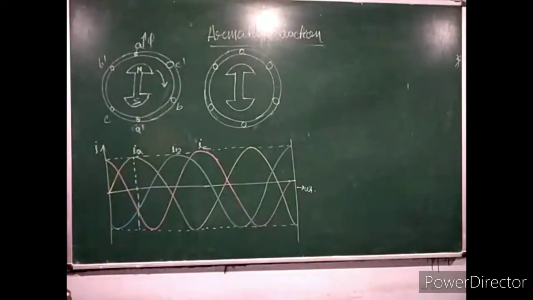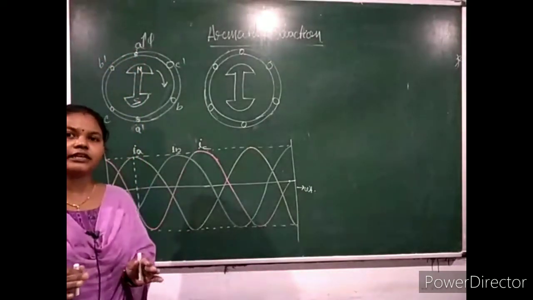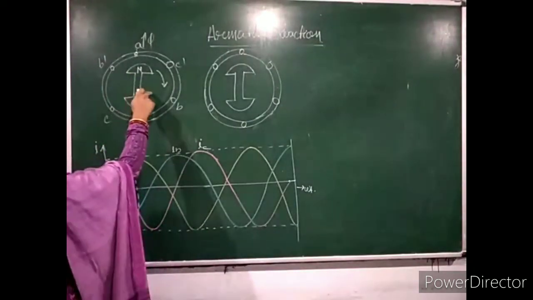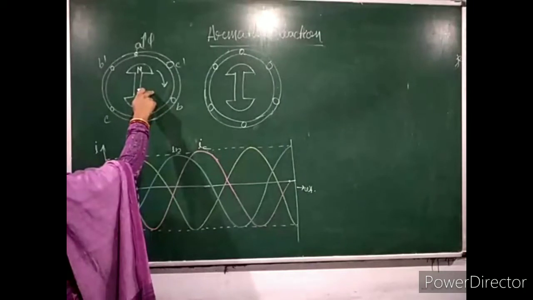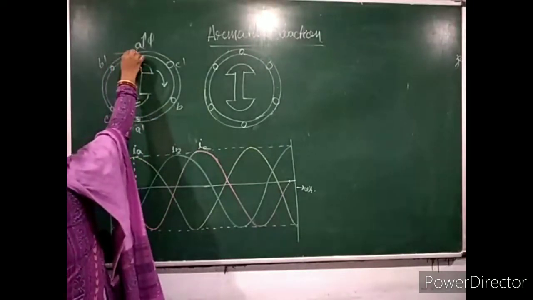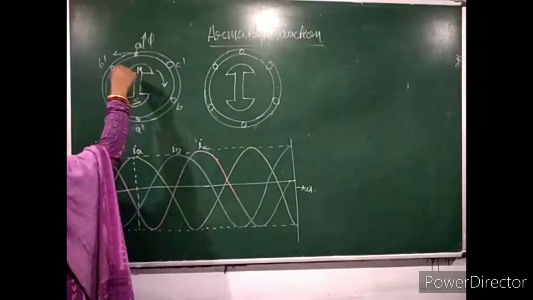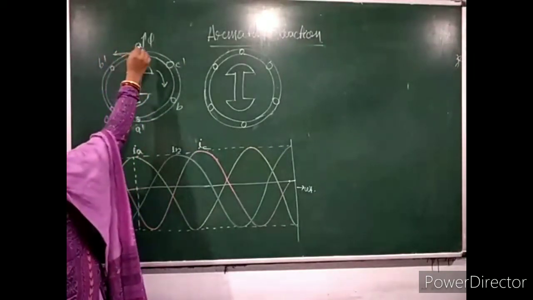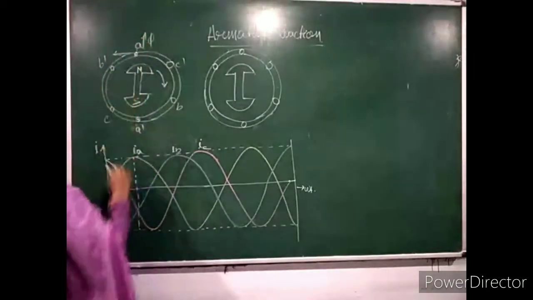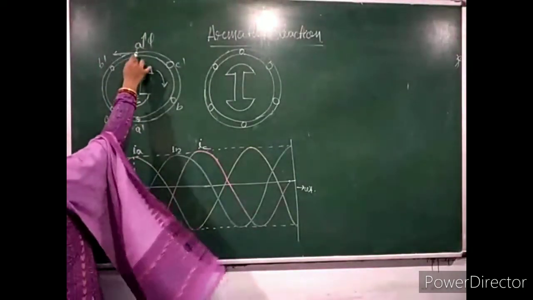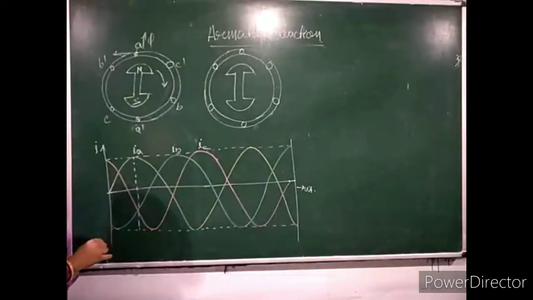Here the armature conductor is stationary, and I rotate the rotor, this field winding. So its relative motion is opposite to the rotor. Clear? So this is the motion of the conductor. Upward is the direction of the flux, and this cross shows the direction of EMF.